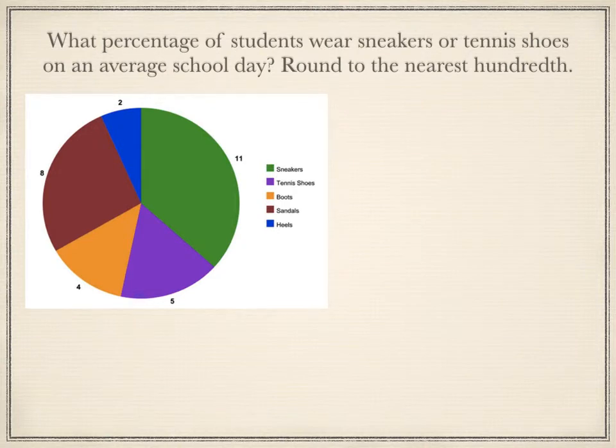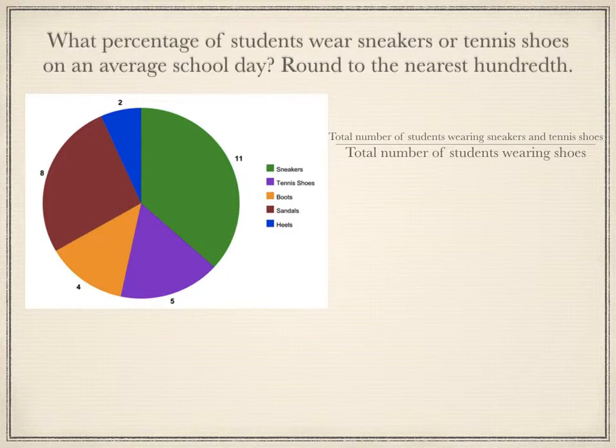The next question, what percentage of students wear sneakers or tennis shoes on an average day of school? Round to the nearest hundredth. For this one, we're going to add the number of students wearing sneakers to the number of students wearing tennis shoes over the total number of students wearing shoes. So we've got 11 students wearing sneakers and 5 wearing tennis shoes over our total number of students.